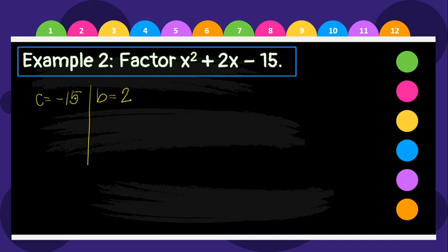For negative 15, what are the factors that when we multiply give negative 15? We're going to write here negative 1 times 15, or 1 times negative 15. We can also write 3 times negative 5, and negative 3 times 5.